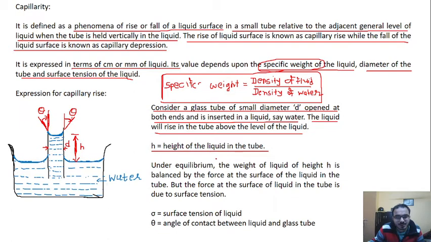So what happens here, that under the equilibrium condition, the weight of liquid of height h is balanced by the force at the surface of the liquid in the tube.